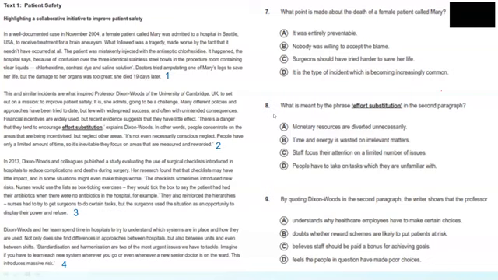It's not even necessarily conscious neglect. People have only a limited amount of time, so it's inevitable they focus on areas that are measured and rewarded. So I'm thinking the meaning of this phrase, effort substitution, is that monetary resources are diverted unnecessarily.